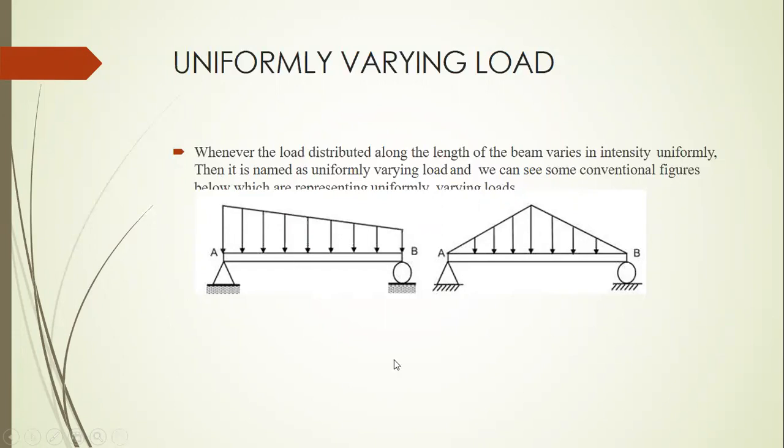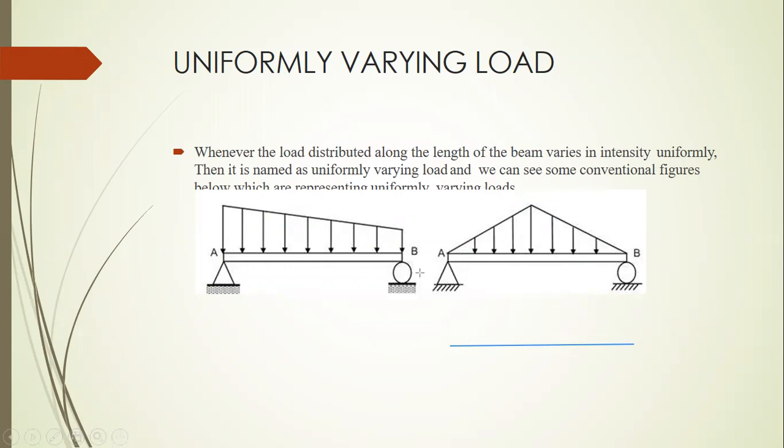Okay, so here also we have to find the intensity of the load in terms of point load in order to simplify our analysis. How to find the intensity of the triangular load, let us see. In order to find the intensity of the triangular load, we have to find the area.